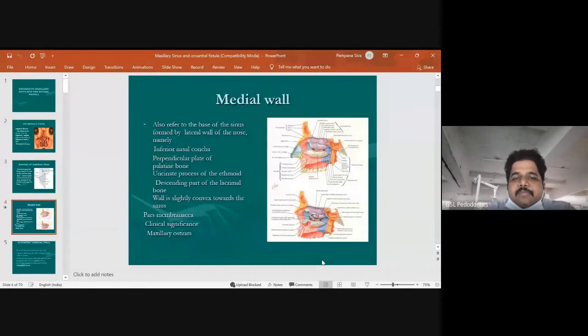Coming to the medial wall, it also refers to the base of the sinus, formed by the lateral wall of the nose, which consists of the inferior nasal concha, the perpendicular plate of the palatine bone, the uncinate process of the ethmoid bone, and the descending part of the lacrimal bone.